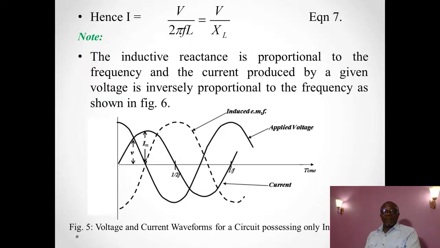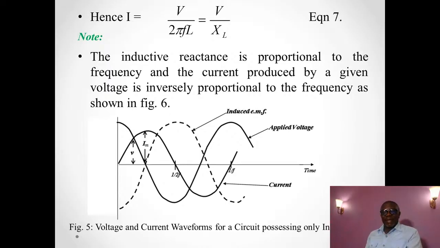You see the applied voltage, and you see the current. Important thing to note here is that the current is a sine wave, while the applied voltage is a cosine wave. You can figure out that because one starts from the origin, 0, the other one starts at the peak, 1.